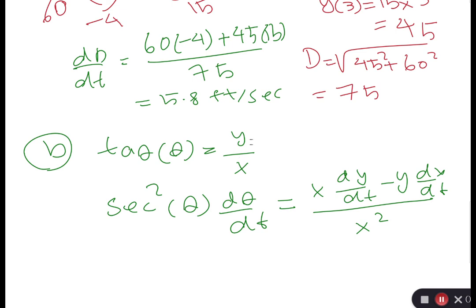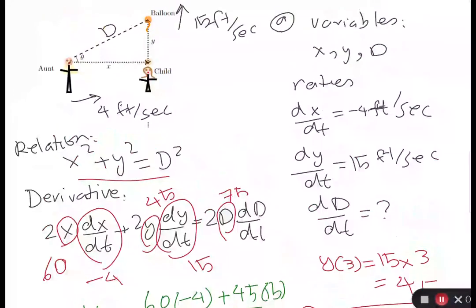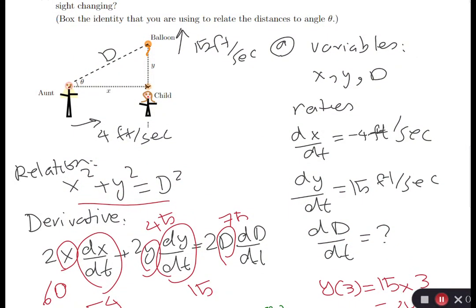If tan of theta is y over x, d was the square root of x squared plus y squared, and secant of theta is 1 over cosine of theta, which is the hypotenuse over the side.